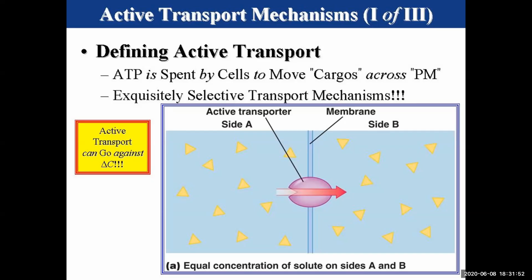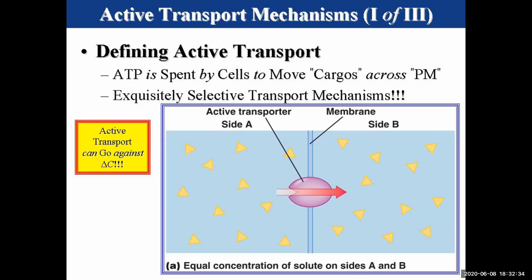So since the driving force is energy, active transport mechanism can allow the solute to go against its concentration gradient, meaning it is possible for a solute to move from the low concentration into a higher concentration area, right? Passive transport mechanism is driven by concentration gradient, meaning it is always moving from high concentration to low concentration.